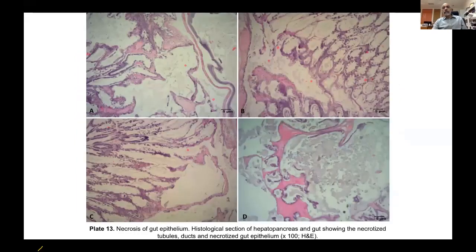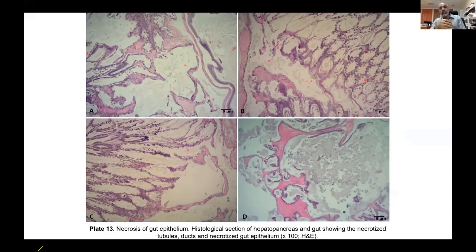So the key feature of almost all these chronic conditions is that the hepatopancreas is the center point. Previously, when we looked at the viruses, we were looking at the lymphoid organ as the target tissue. Now our focus has shifted to the hepatopancreas. The hepatopancreas is getting affected, and there is clear dysfunction of this organ.